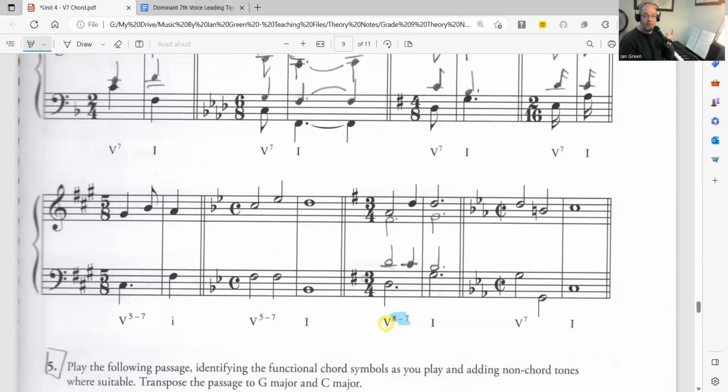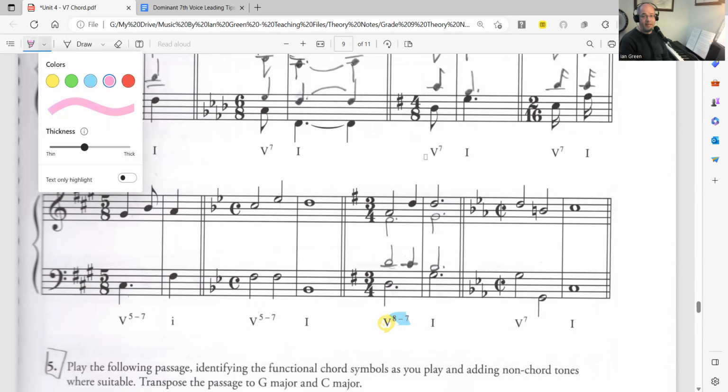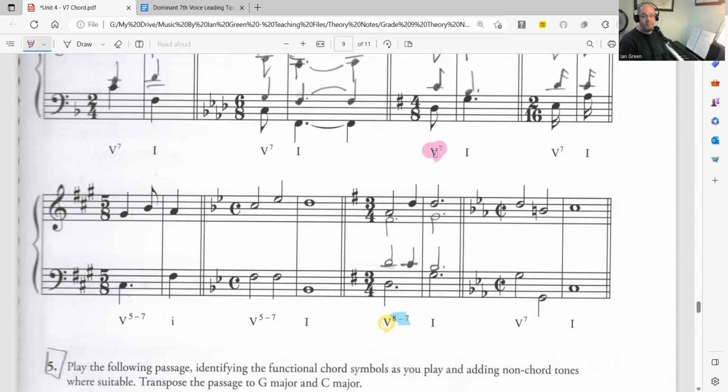We have a root, a third, a fifth, and a 7th. And traditionally, the dominant 7th chord is written this way, that I'll highlight in pink, where we have V7. V for the dominant chord, 7 for the 7th added.